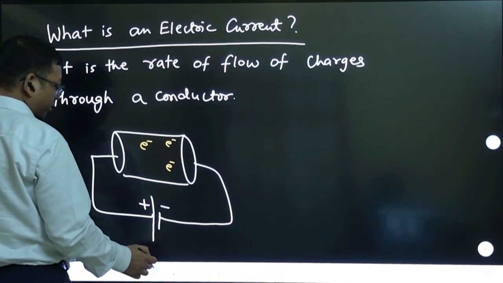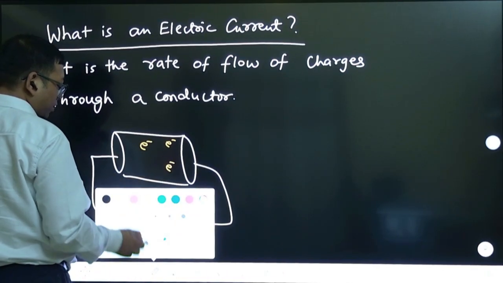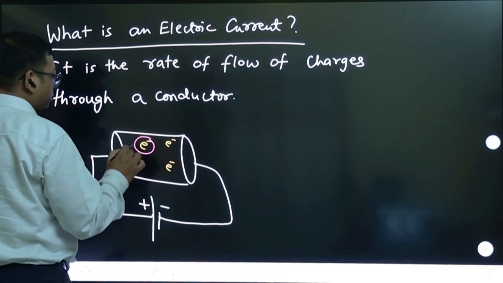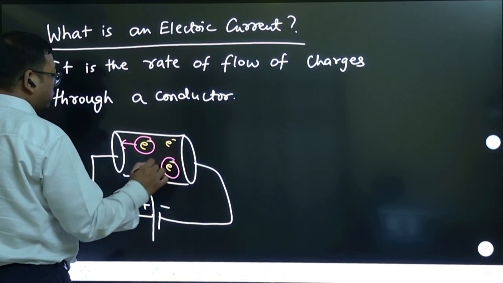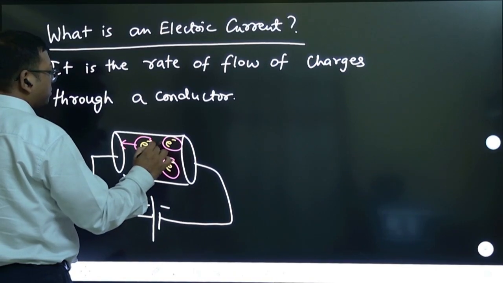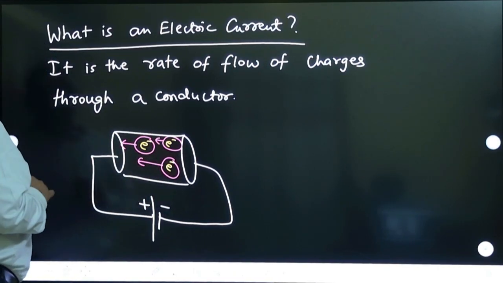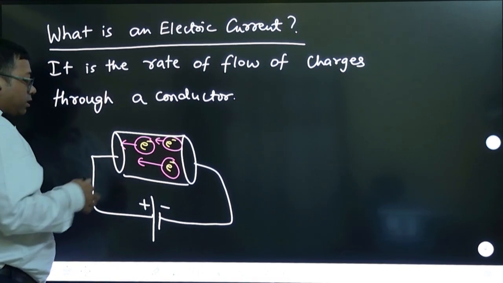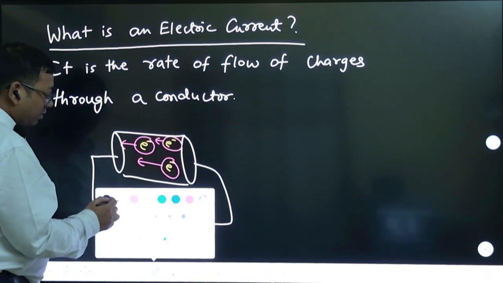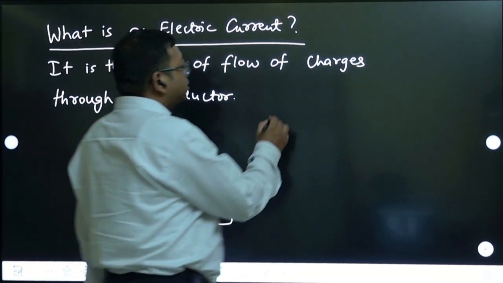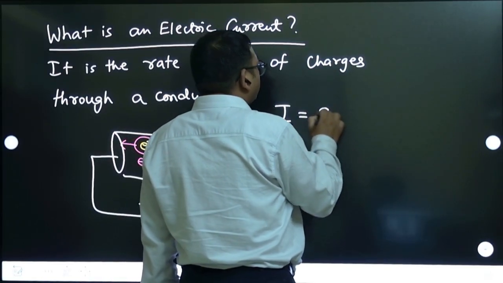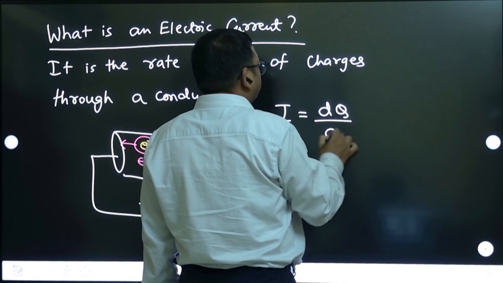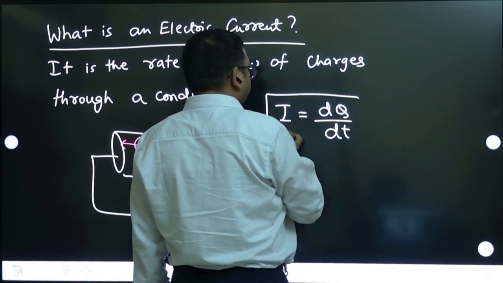These electrons start flowing towards the positive terminal of the battery. Because of this flow of electrons, the rate of flow of charge is what current is. So current I can be defined as dq by dt, the rate of flow of charges.